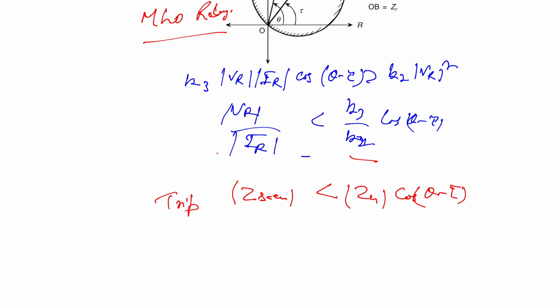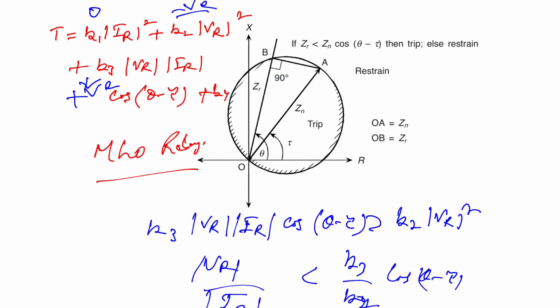Now the relay characteristic is given by this diagram. This is the relay characteristic, represented in the RX plane by this one. You will see that ZR should be less than Zn cos of theta minus tau, then it will trip, otherwise it will restrain.